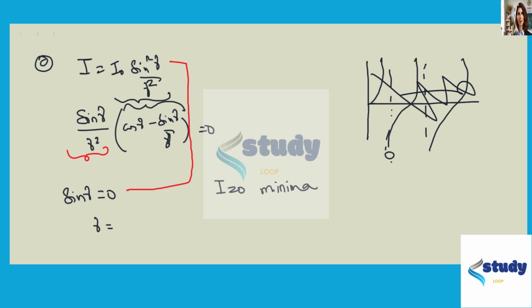And for this, obviously, the solutions are gamma is equal to pi, 2 pi, 3 pi, and so on, which are obviously 3.14 radians, 6.28 radians, and so on. You can simply verify that the values of maximas are not exactly in between the minimas.